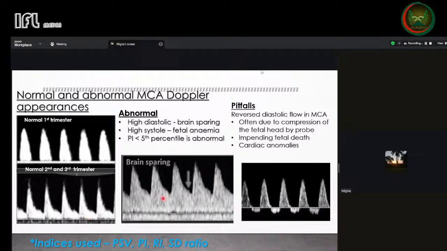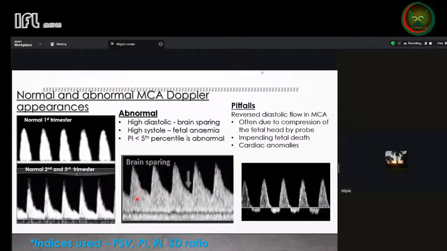But because there is a problem and the body is trying to compensate for that problem, these vessels dilate and you have more blood being shunted inside. So this is in cases of brain sparing or fetal hypoxia.